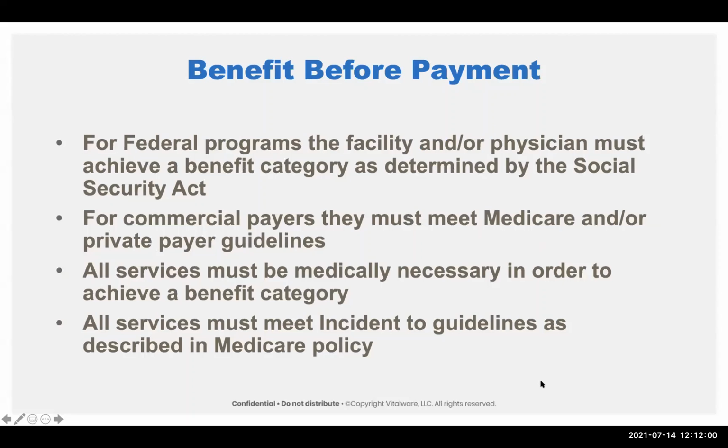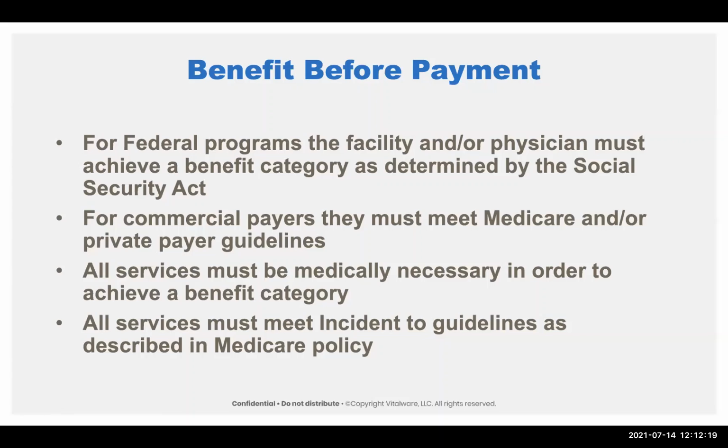Benefit has to happen before there can be any payment. So for federal programs, a facility must achieve a benefit category, meaning they have to meet those criteria in Section 50 of the Benefit Policy Manual. However, for commercial payers, they must meet Medicare and/or private payer guidelines.